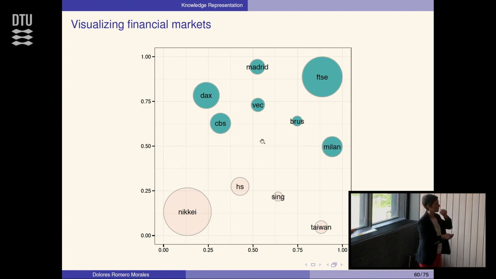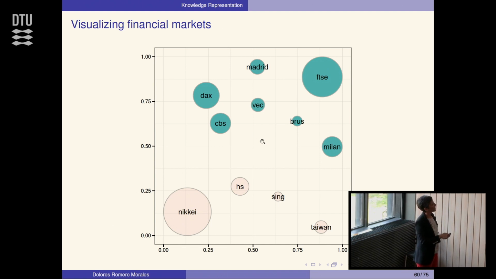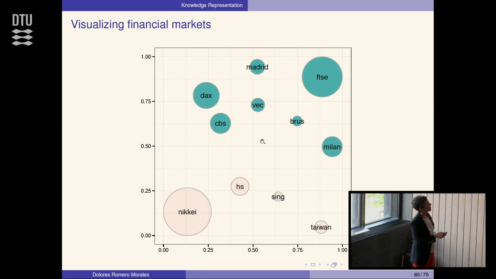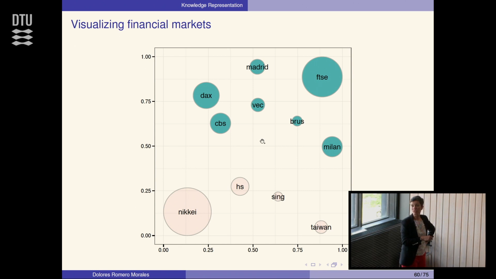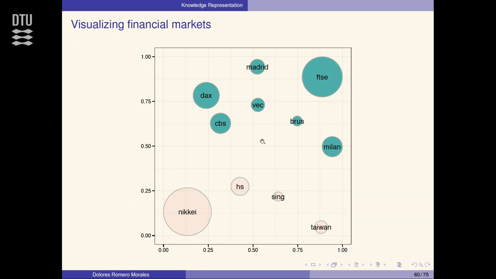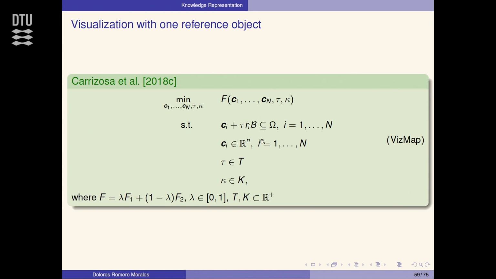So this is an example that is classic in multidimensional scaling. These are financial markets, and we are trying to represent the correlations between the markets, yeah? And we are also trying to represent the size of the markets, yeah? So what we did was basically global optimization in this problem.